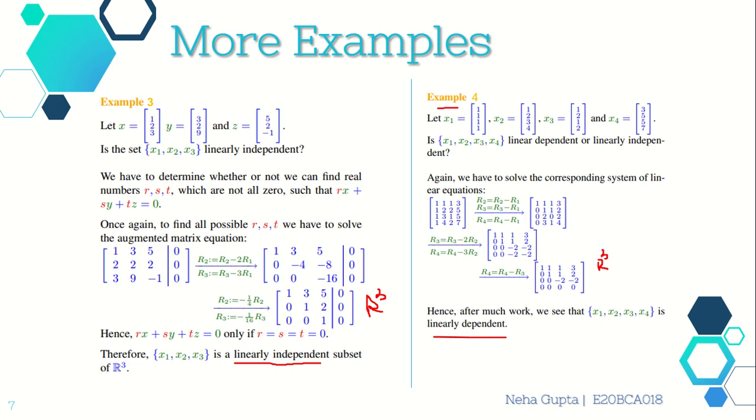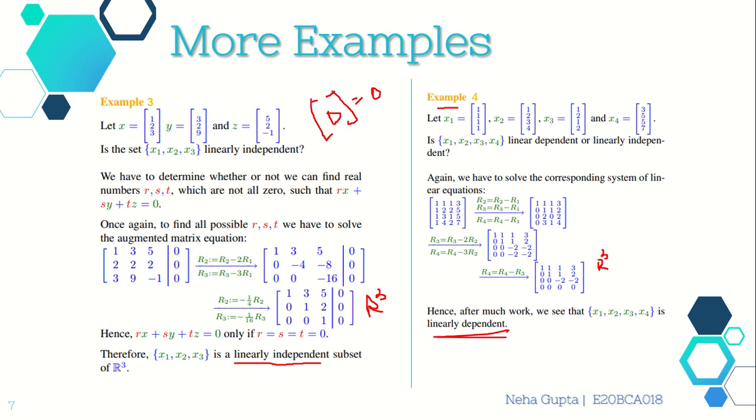Another way to find this is to compute the determinant of those vectors. For a linearly dependent set of vectors, the determinant will always be 0.